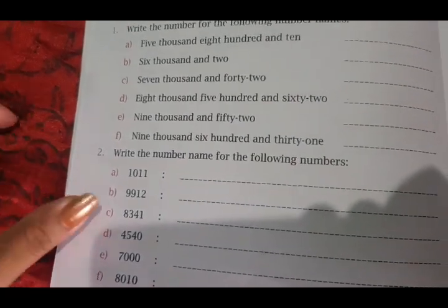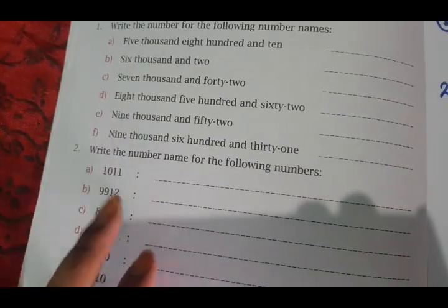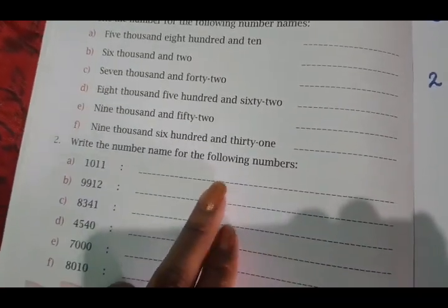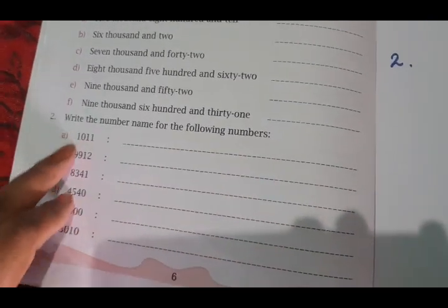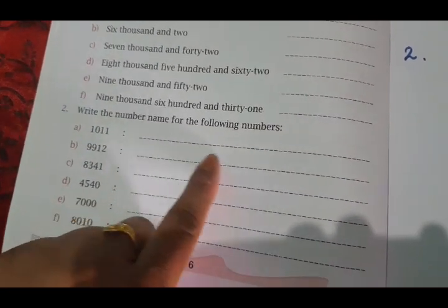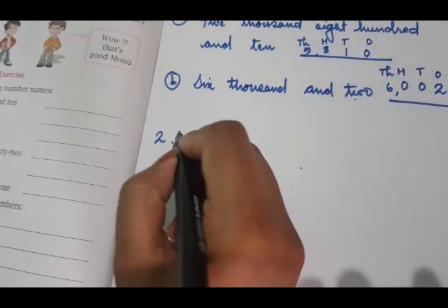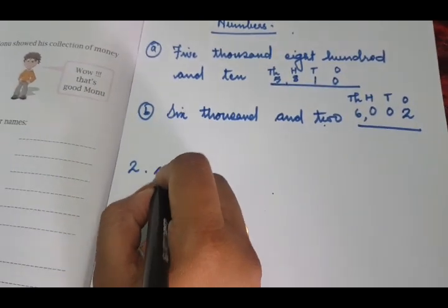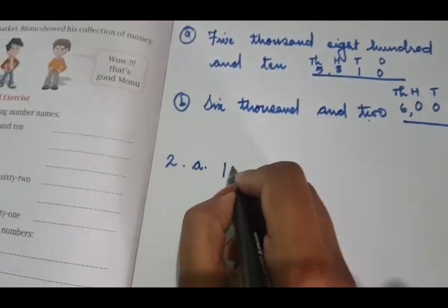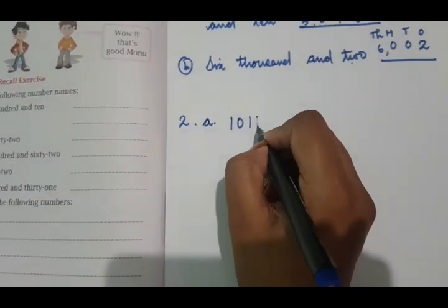Okay, now let us go to question number 2. Write the number name for the following numbers. Numerals are given here. So you need to write the number name. So in question number 2A, it's given 1011.